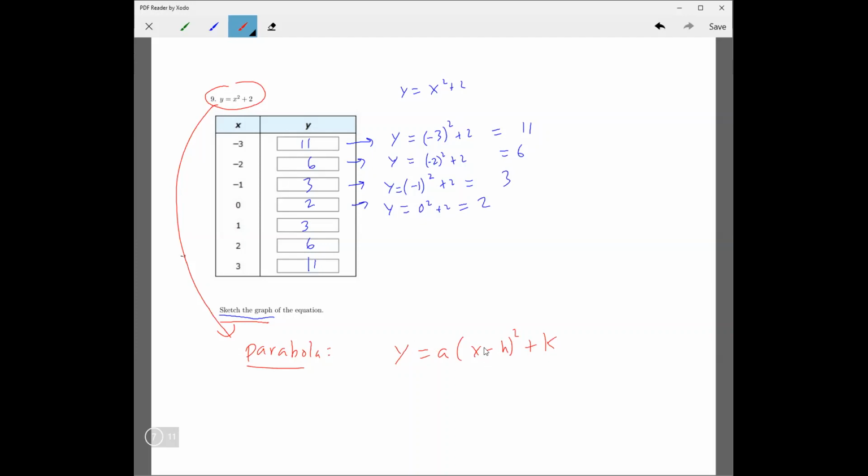That would be the general form of a parabola that opens up or down, not one that opens right or left. That's a little bit different. The square would be on the y instead of on the x. But this is the one that we're going to be dealing with the most, and the one that, when you do graphing, is going to pull up on the graph. Okay, this is a parabola. So that means, let me go to WebAssign really quick.